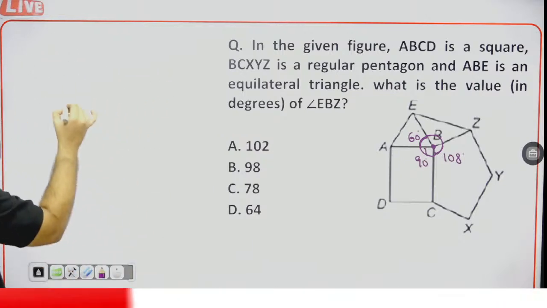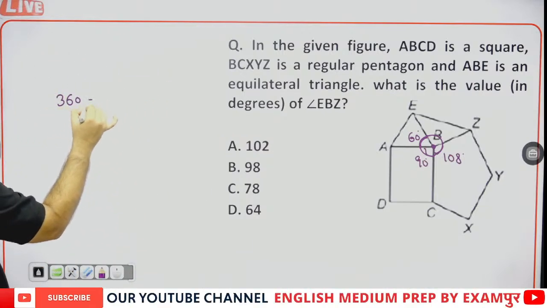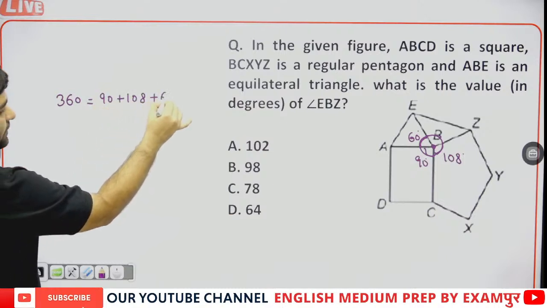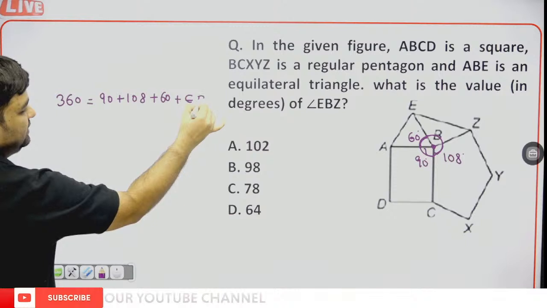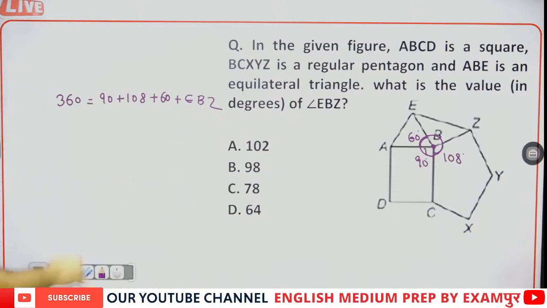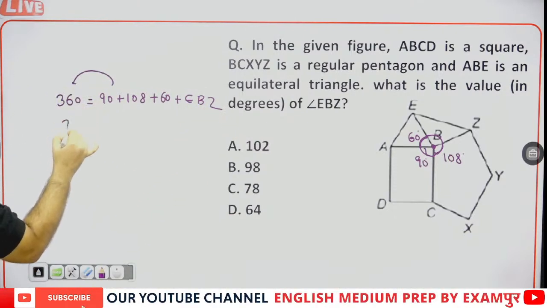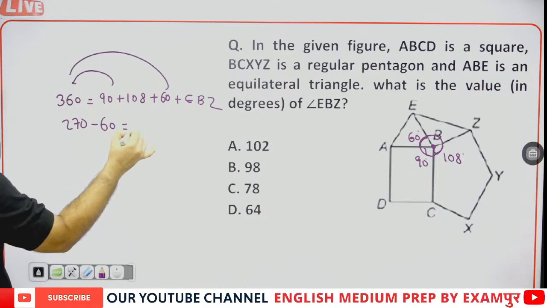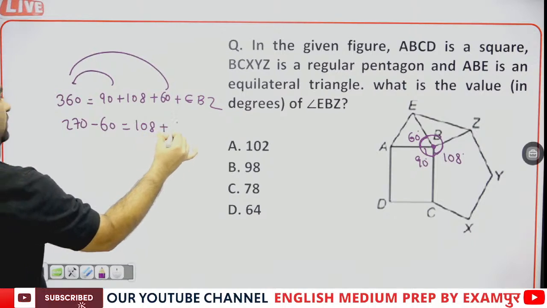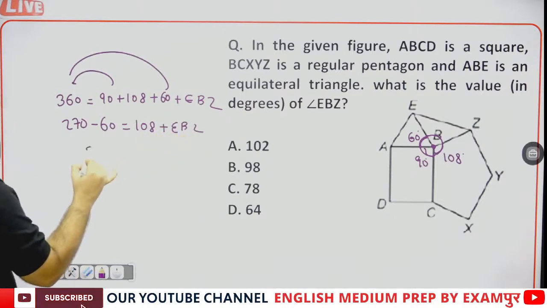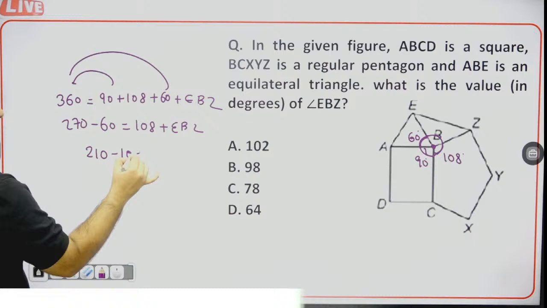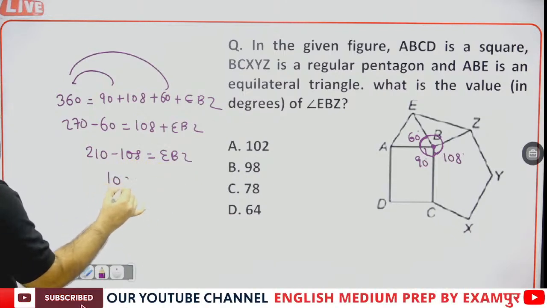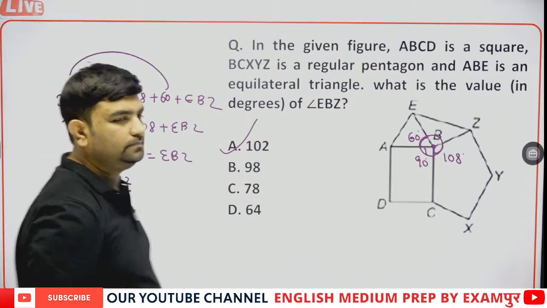So you will say, sir, 360 should be equal to 90 plus 108 plus 60 plus EBZ. 360 minus 90 is 270. 270 minus 60 is 210. 210 minus 108 is EBZ, which is 102.